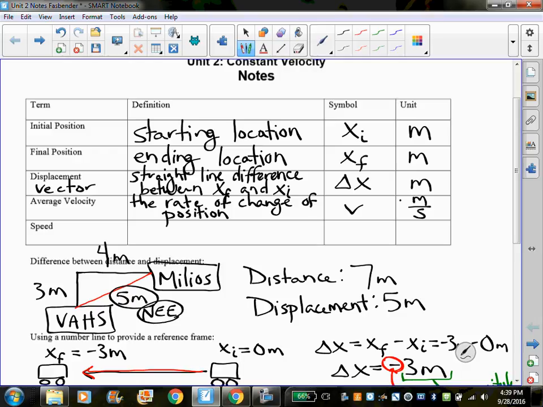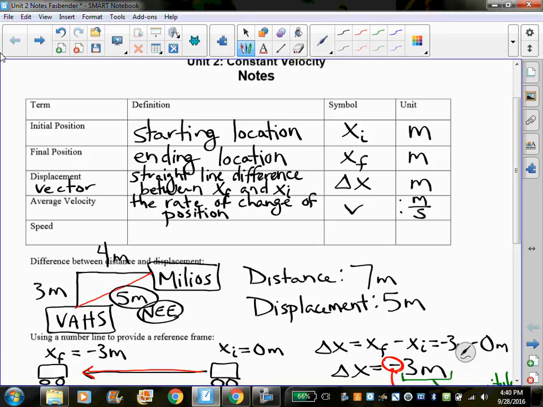Change in position per change in time. That unit really tells you what this value is trying to describe. Now, this also sounds a lot like what we would have used as the definition for speed, right? The rate of change of position, how fast is your position changing? That sounds like speed, how fast you're going.